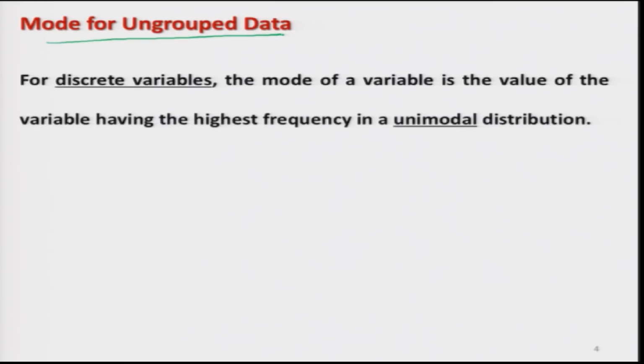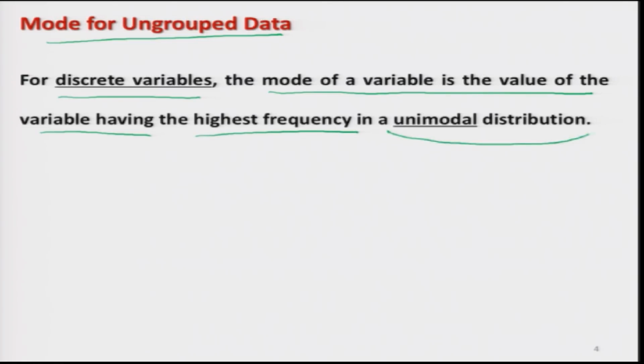For ungrouped data, or for discrete variables, the mode is very simple. The mode of a variable is the value of the variable which has the highest frequency. Obviously, this is true in the case of a unimodal distribution. So here you will have x1 data with frequency f1, x2 data with frequency f2, and so on, xn data with frequency fn.